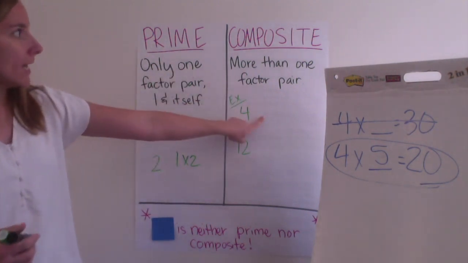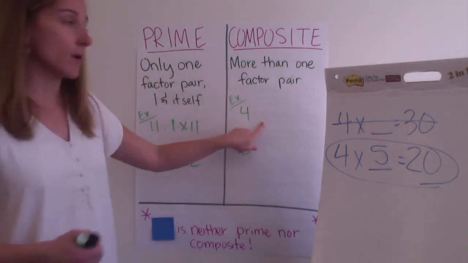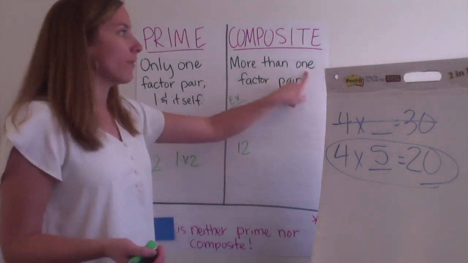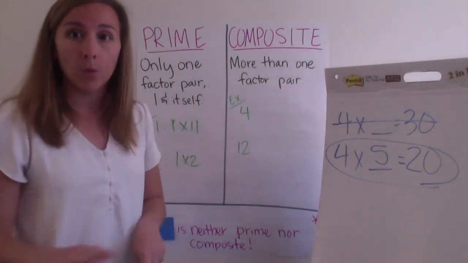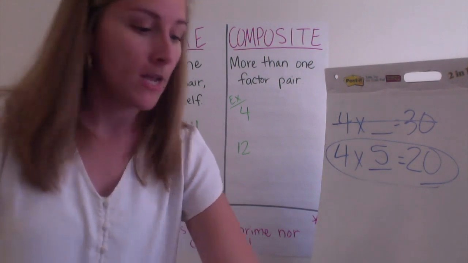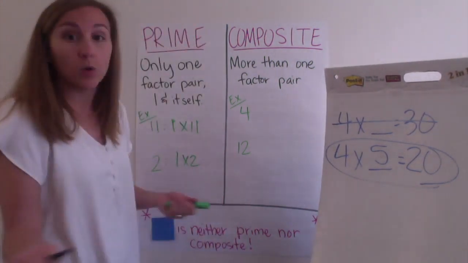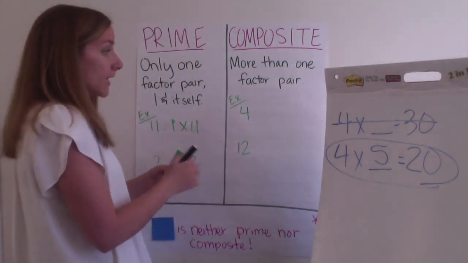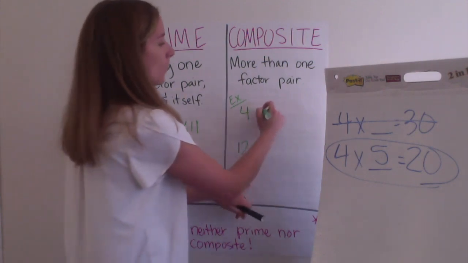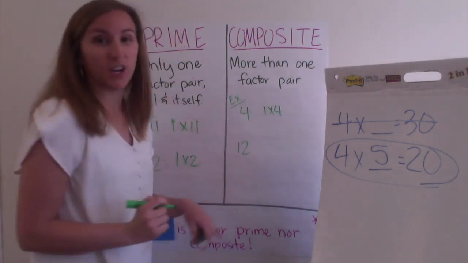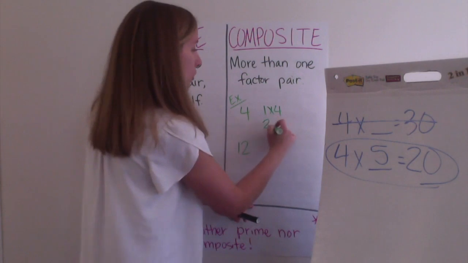But if we look at composite, composite simply meaning there's more than one factor pair, so more than one way to multiply to get that whole number. So as we talk about 4, I'm going to think about, well, I know that 1 times 4 could get me 4, and also 2 times 2.